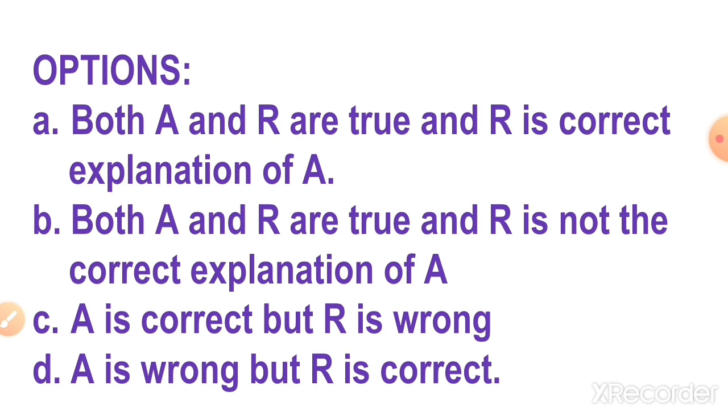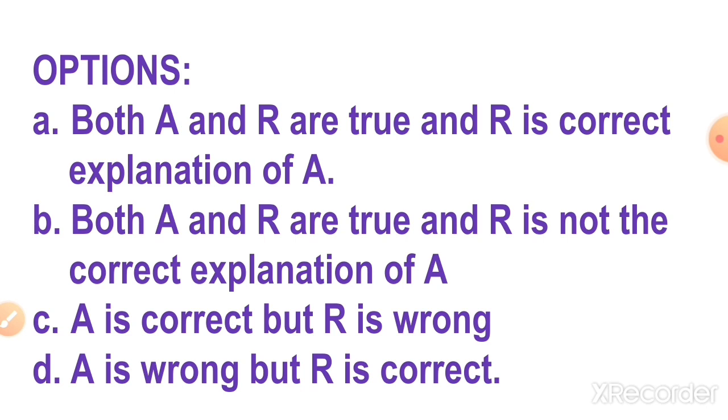So the first option is A and R are true, and R is the correct explanation of A. Then both A and R are true, and R is not the correct explanation of A, that is B. Option C is A is correct, but R is wrong. And option D is A is wrong and R is correct.